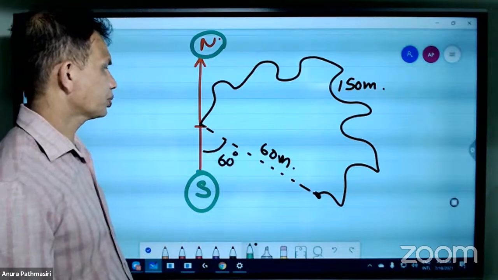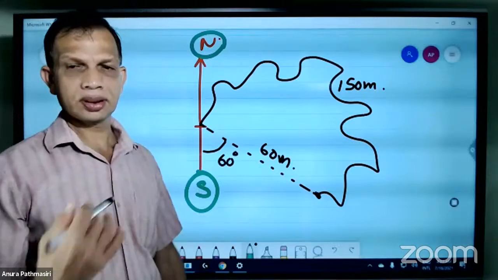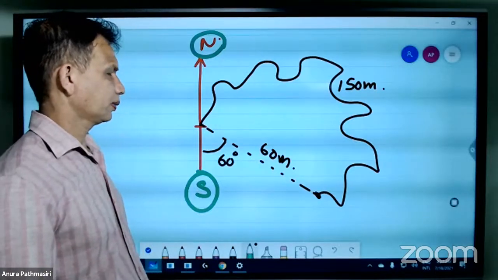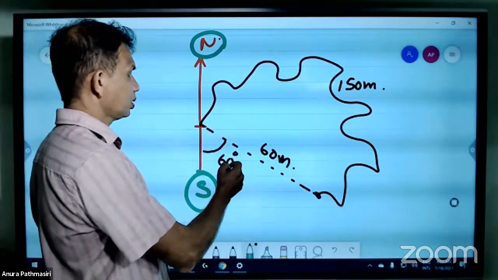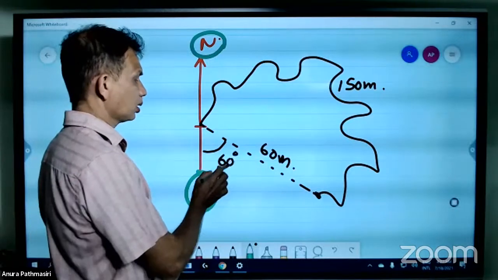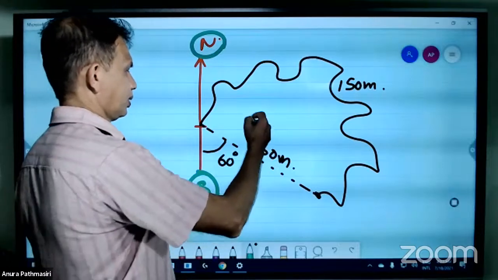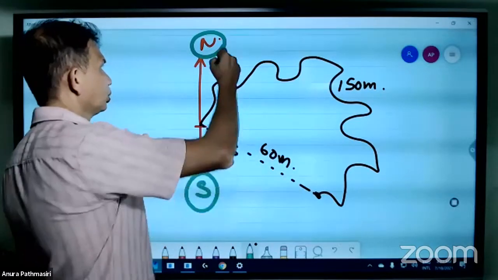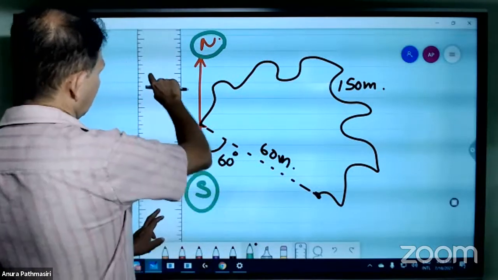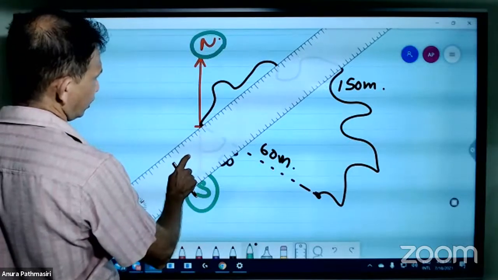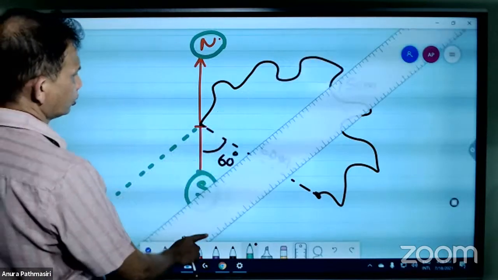But if you say 60 meters in the direction 60 degrees from north, that means you can have the other side as well. So you get confused. I mean, this is also the same, right?